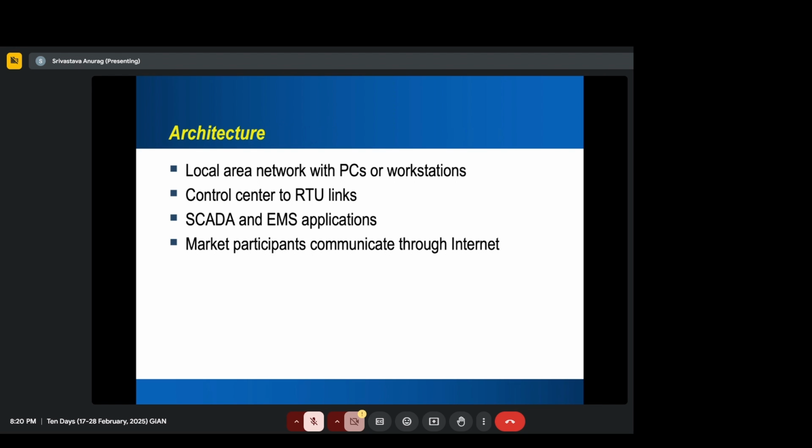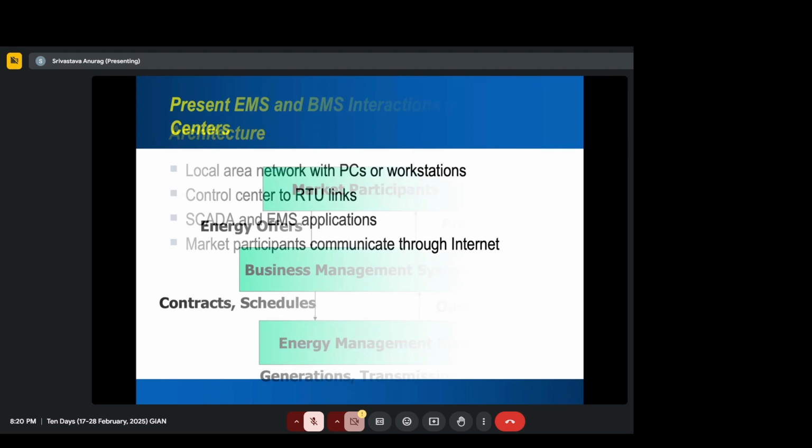So different things are required in this, like local area network with all this computing power. We need a control center which will supervise the market in ISO, and from the utility control center that needs to be sent to the ISO. And then SCADA and EMS remain the same, and then market participants should also get information from that same platform.